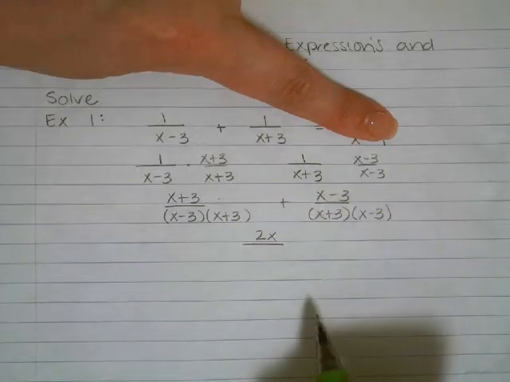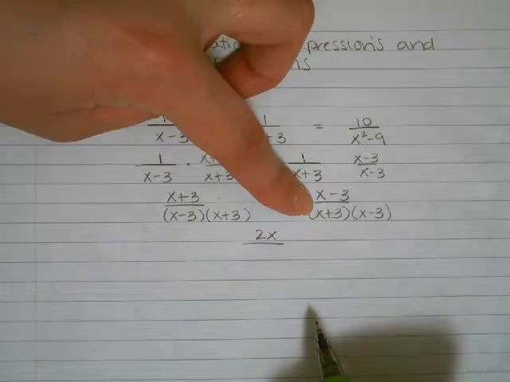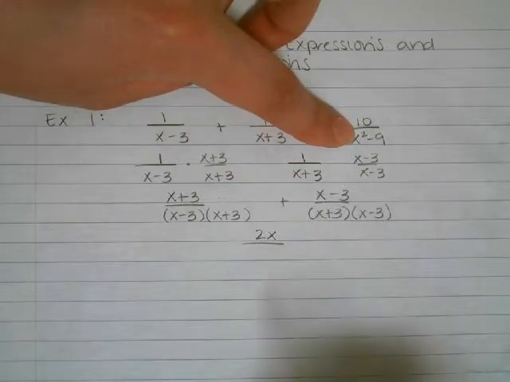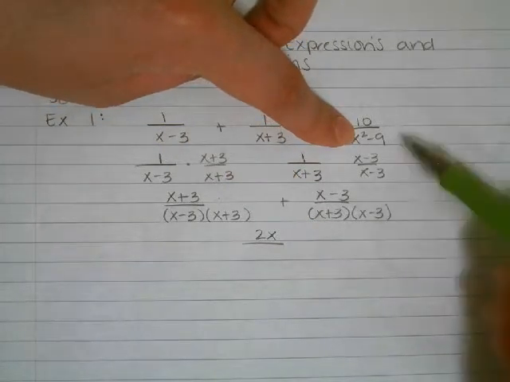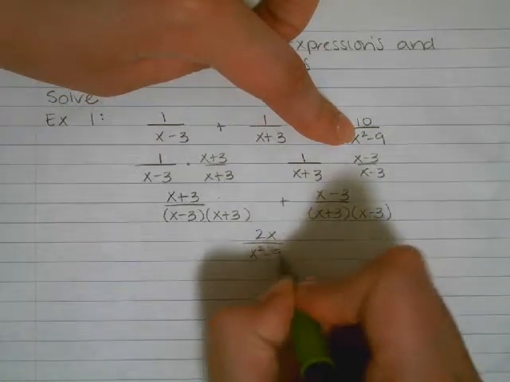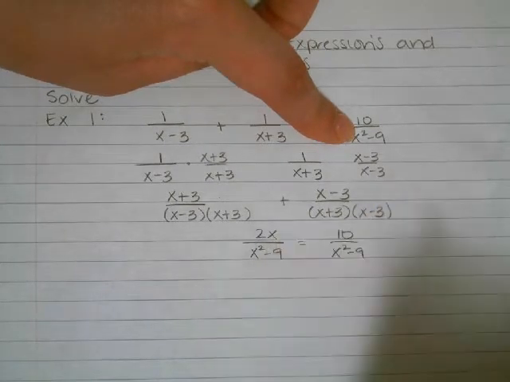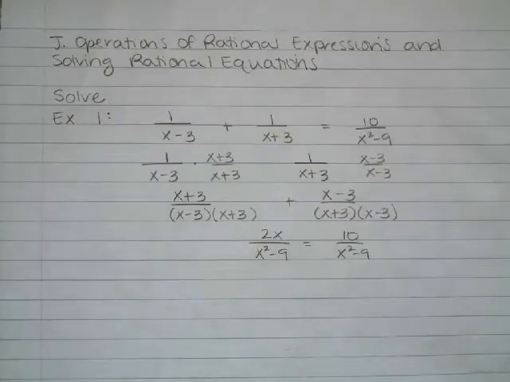On the bottom, I could leave it as (x plus 3)(x minus 3), or I could say I want it to match the right side of the equation. I recognize that those are the same, so that's x squared minus 9, and the right side is 10 over x squared minus 9.